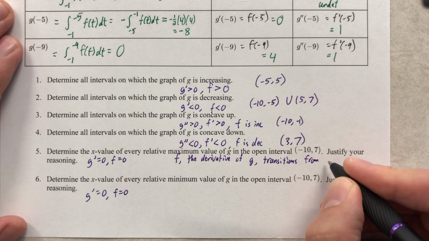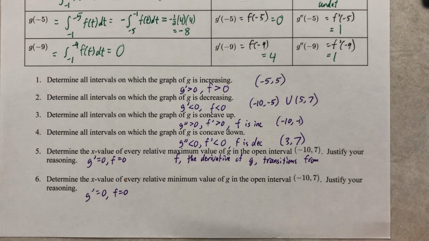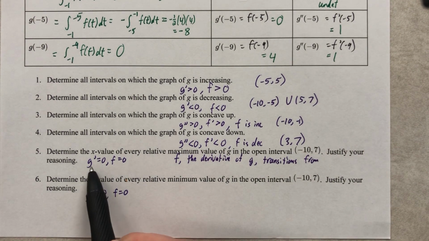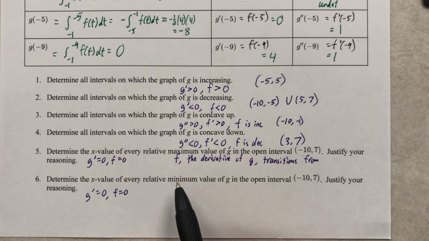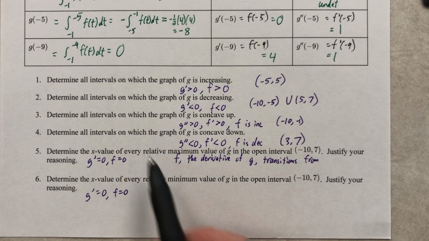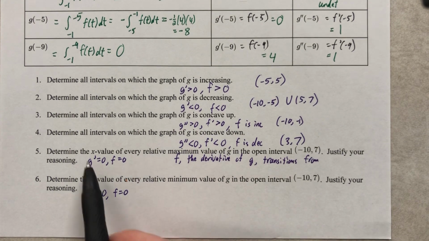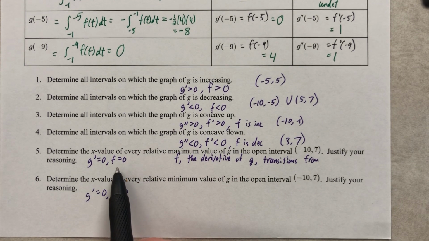From what to what? Okay, we want this graph, the graph of g, which we don't see, and we may not have much of a context for yet. We want the graph of g to go up then down and tell the x value where that happens, which means its derivative, which we do have a graph for, will be positive then negative.